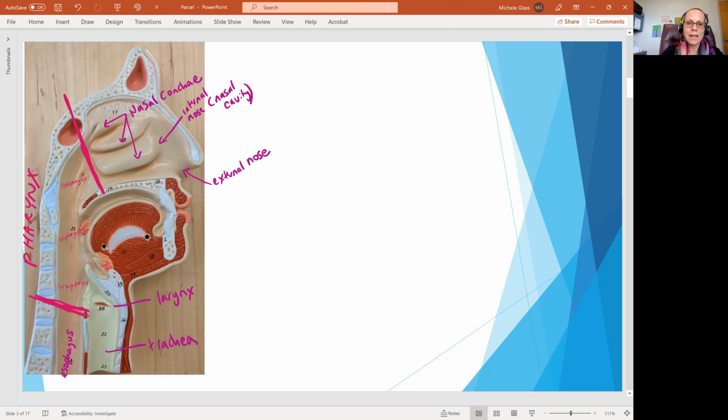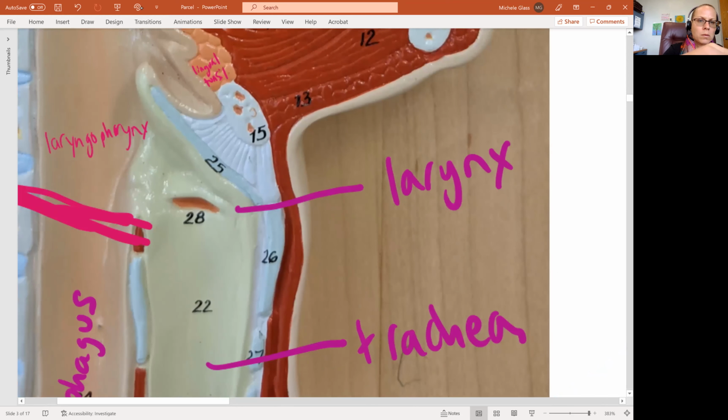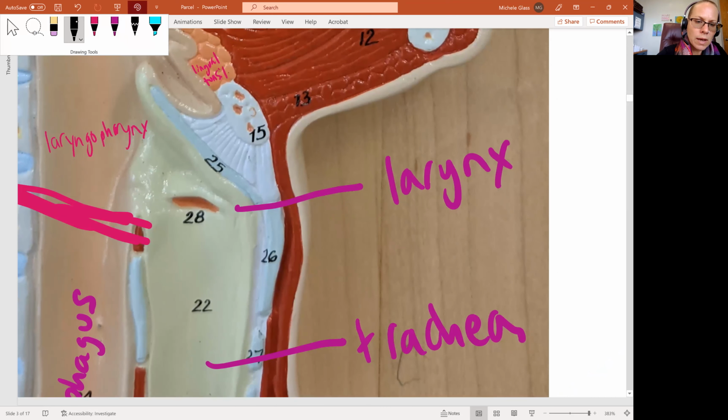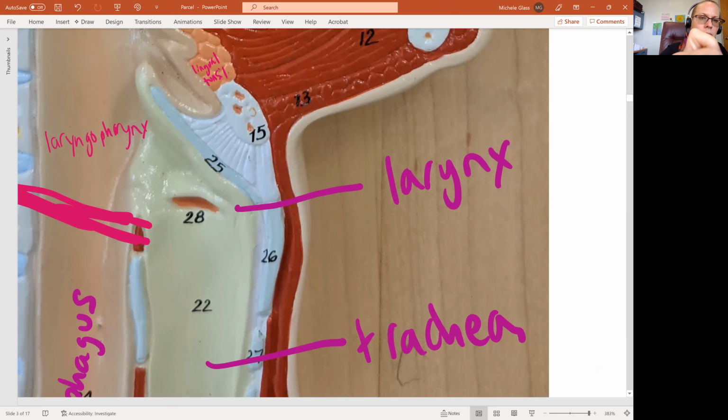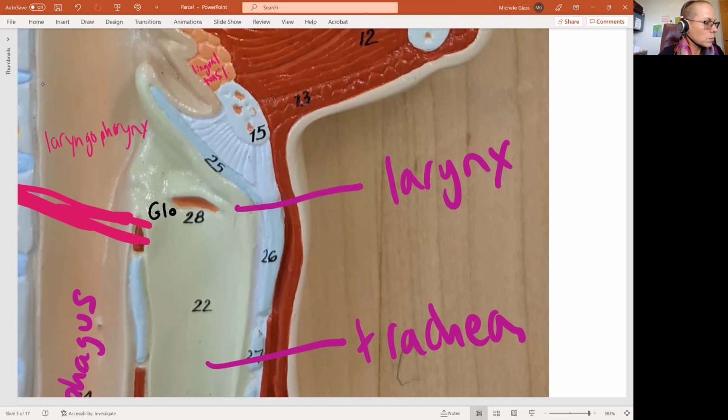When we look at the opening in the larynx, the actual opening, we call that the glottis. So the glottis is the actual opening that's allowing the air to enter into the larynx and the trachea.